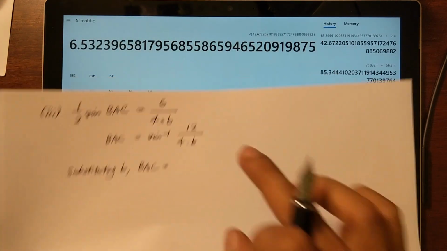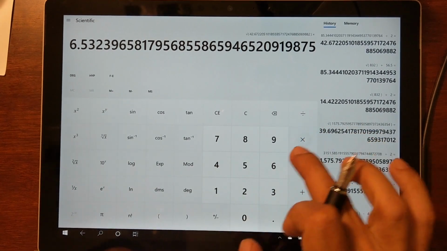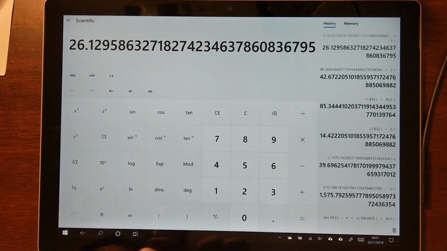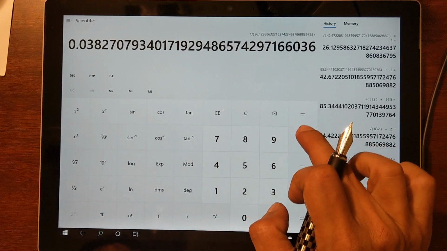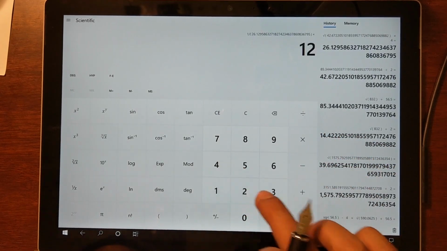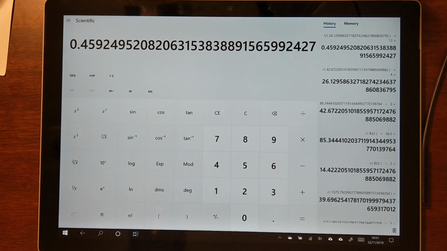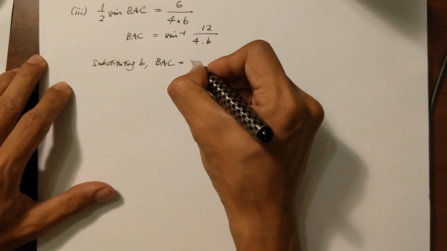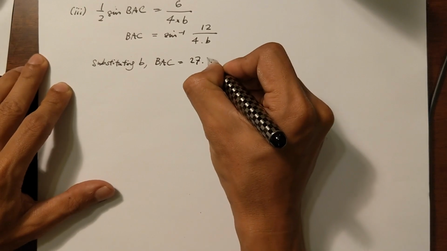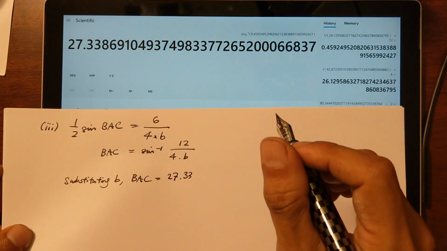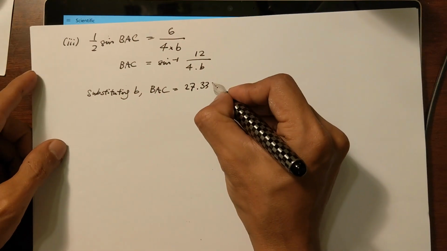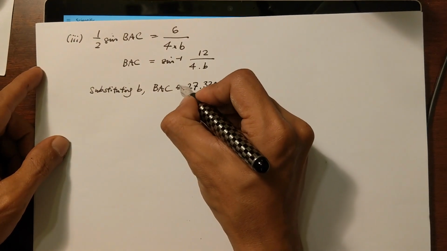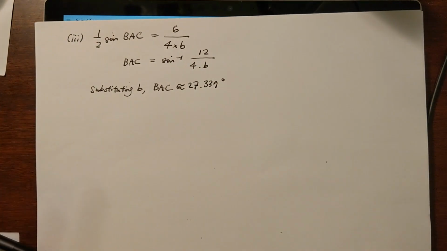Alright, so 4 times b, so times 4 equals that. Take the reciprocal and multiply that by 12. That gives 0.45, and we do an inverse sine, that gives you an angle of 27.338, let's call it 27.339 approximately degrees.